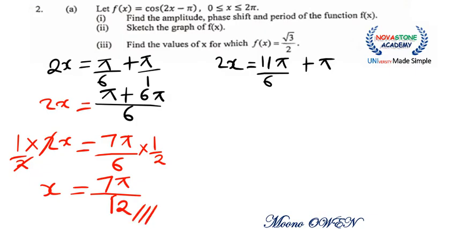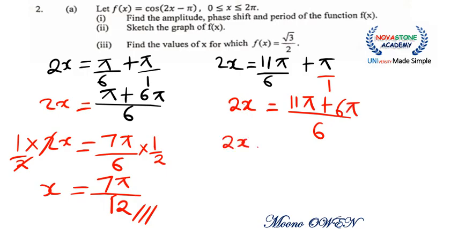Let's come to the other side. I'm going to have 2x, and let's also find the common denominator on this side, which is 6. 6 into 6 is 1, then I'm going to have 11 pi plus 6 pi. So 2x equals 11 pi plus 6 pi, that is 17 pi over 6.